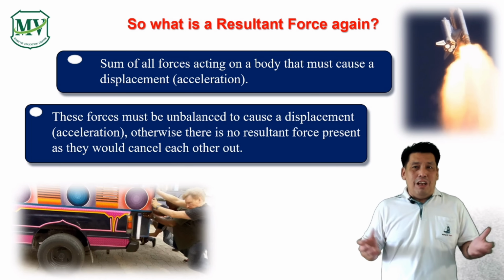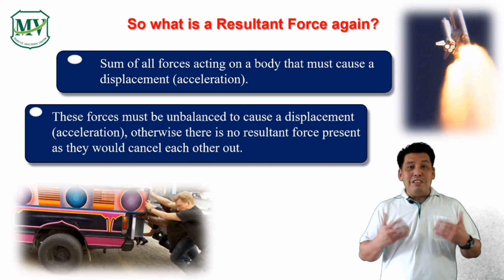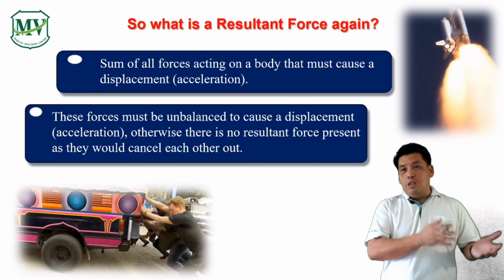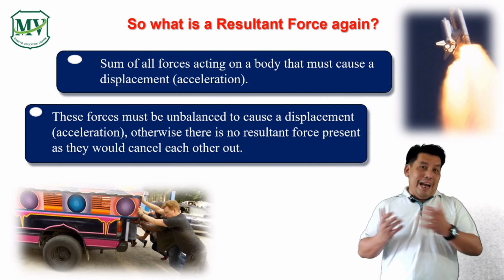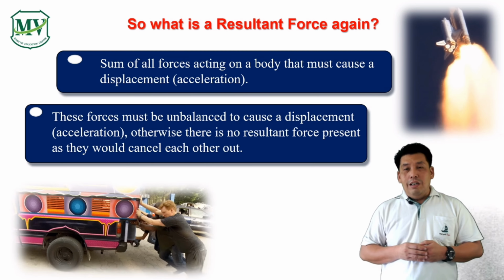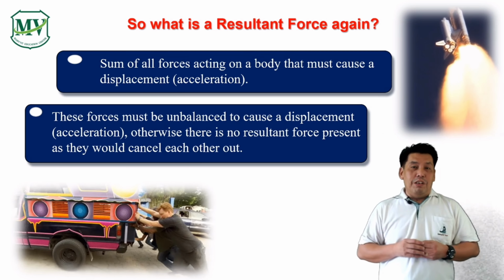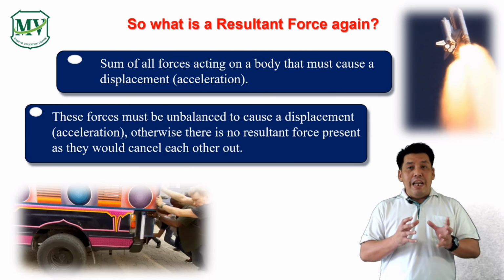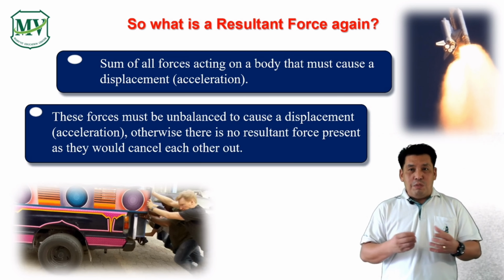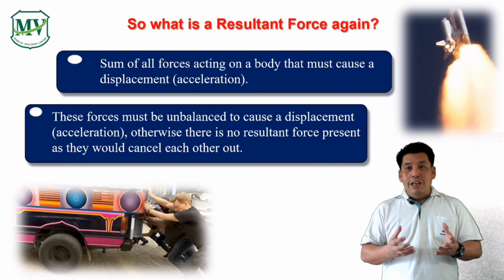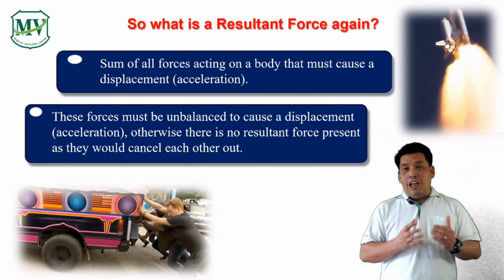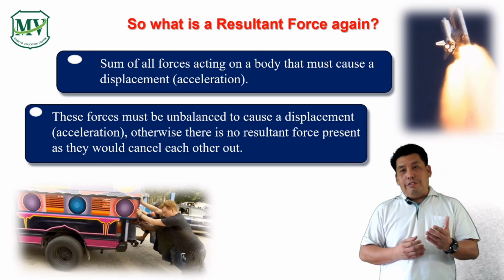But what then is velocity? Velocity is just speed, like 120 kilometers per hour or 85 kilometers per hour, but with the added element of direction. For speed, you would say 56 kilometers per hour. For velocity, you would say 56 kilometers per hour headed north.